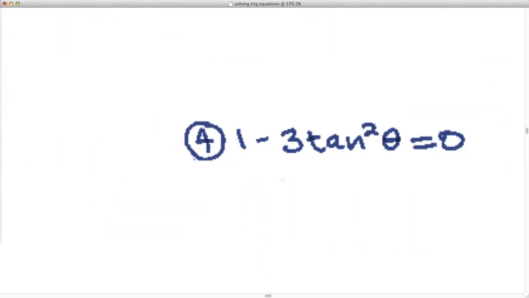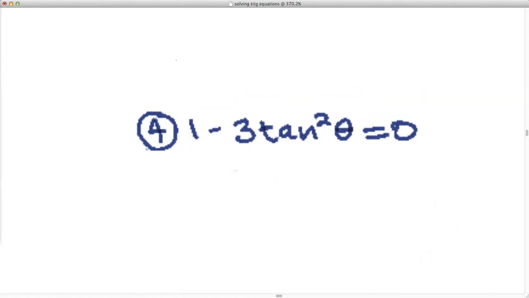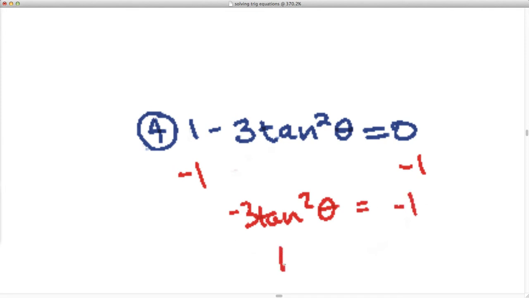Okay? Let's look at this one here, another one in which we have a problem that's not explicitly solved for the trig function, so you got to do that. You got to divide both sides by the negative 3, and you'll get tan squared theta equals 1 over 3.